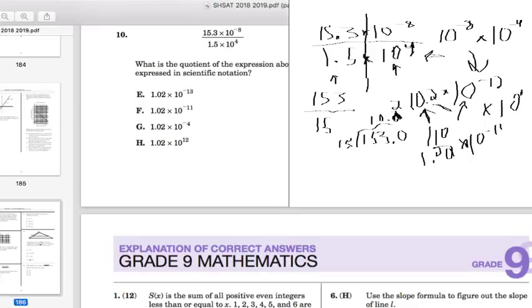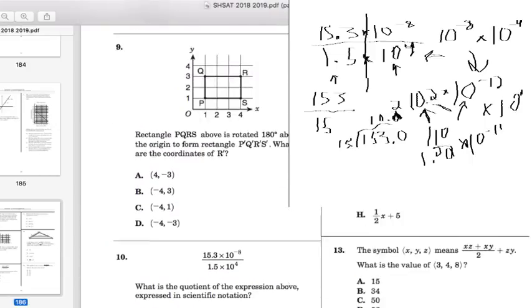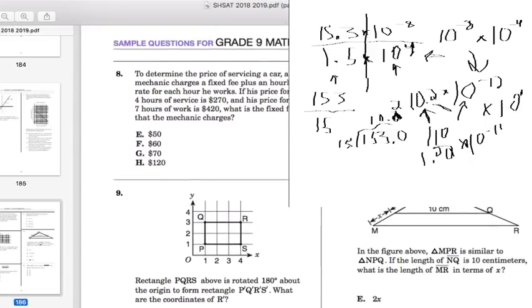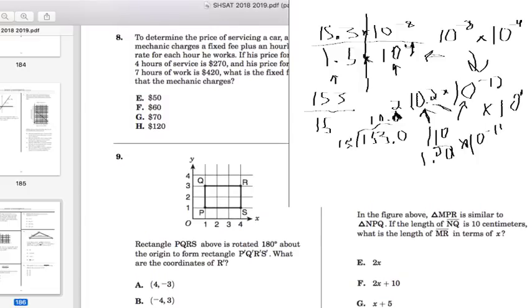Okay, so the next question, where are we? 10, 11. Okay, 11 is just the giveaway question. If anybody gets this wrong, you deserve to not be taking the SHSAT. So pi is normally 22 over 7, they say to use. That's not really going to help you here. Or just remember it's 3.14.